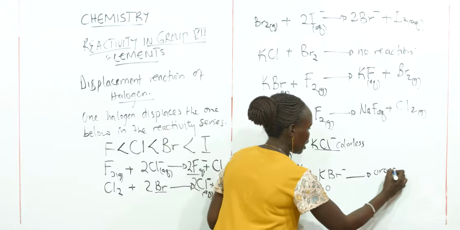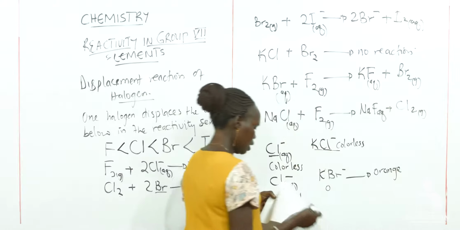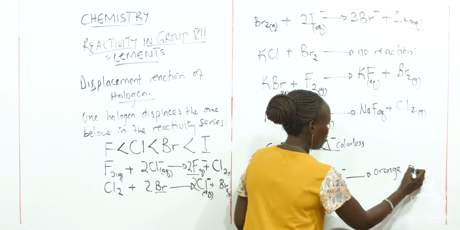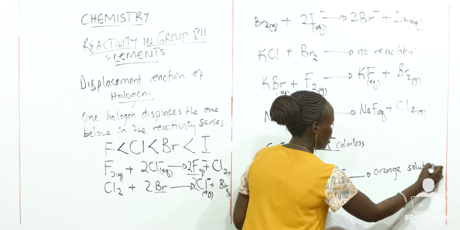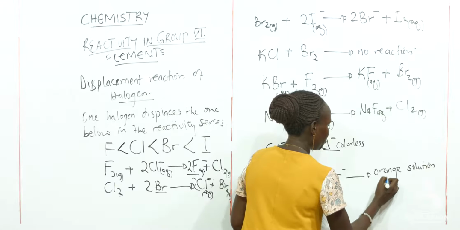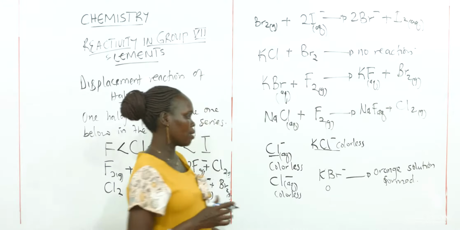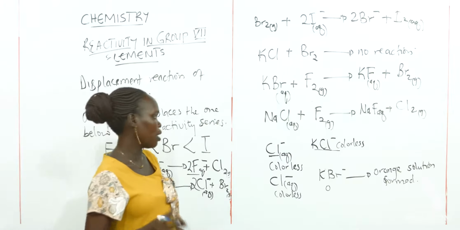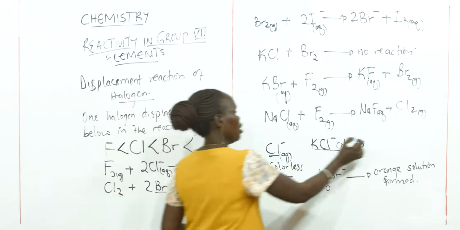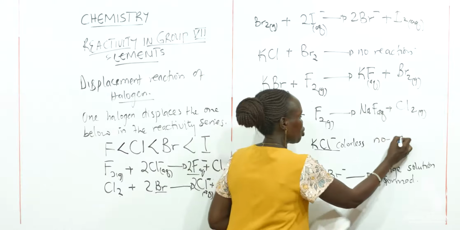It means the reaction has taken place and this orange solution will be formed. So we say that the reaction has taken place, not like the other case where there is no reaction.